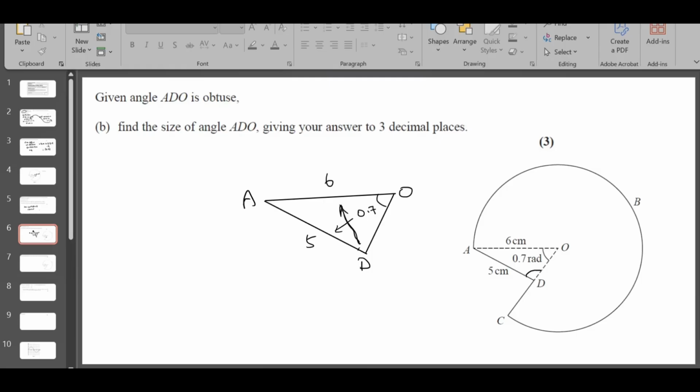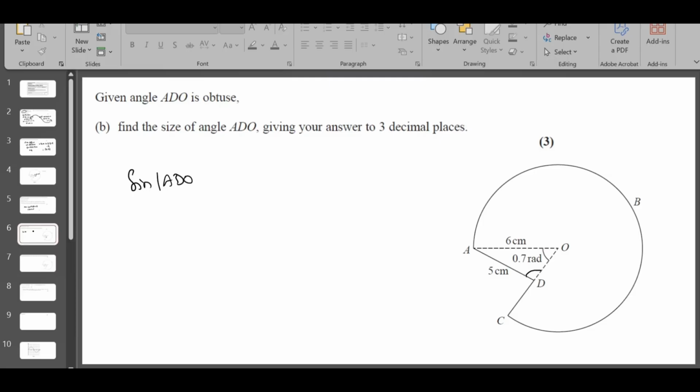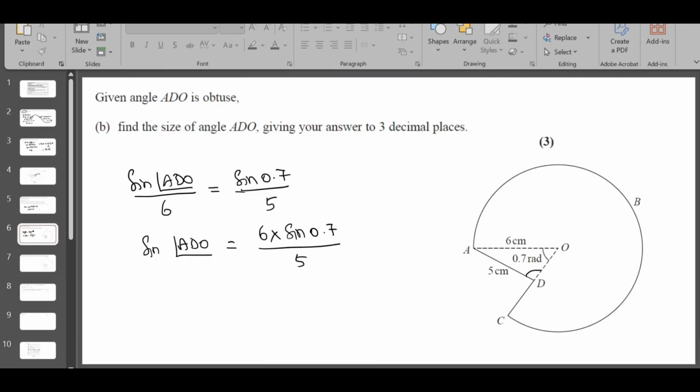One of the angles is missing. We can apply sine rule. To apply the sine rule, sine ADO, the angle ADO over the opposite side is equal to sine 0.7 over 5. So sine ADO is 6 times sine 0.7 over 5.